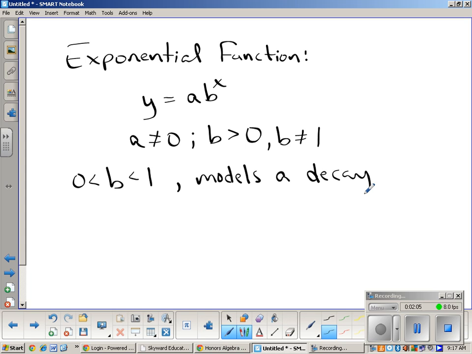Okay? Models a decay. When it's less than 1, but bigger than 0, it models a decay.